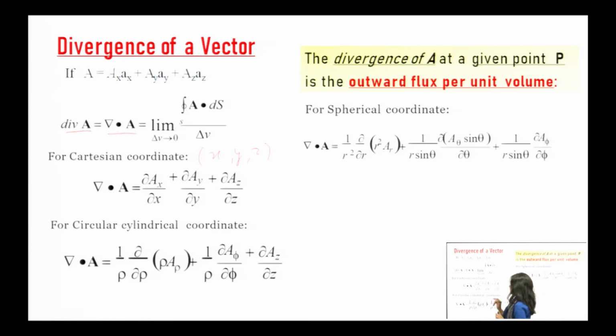Similarly, Ay is the coefficient of vector A in the direction of y. Similarly, Az is the coefficient of vector A in the direction of z. Similarly, we can go for the cylindrical coordinate also.